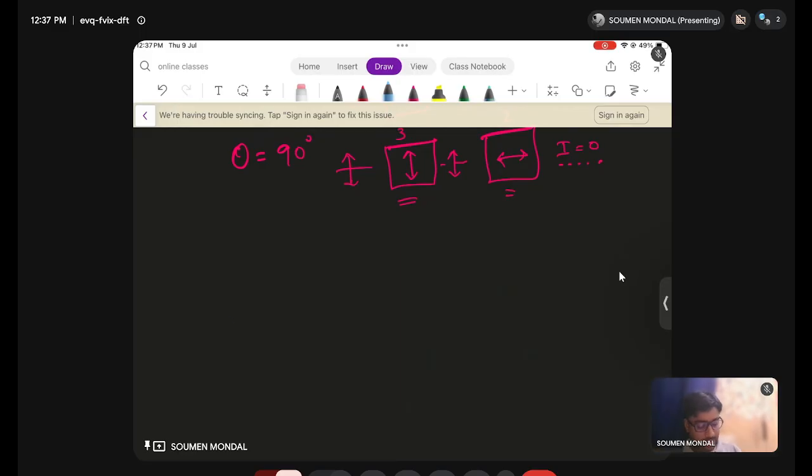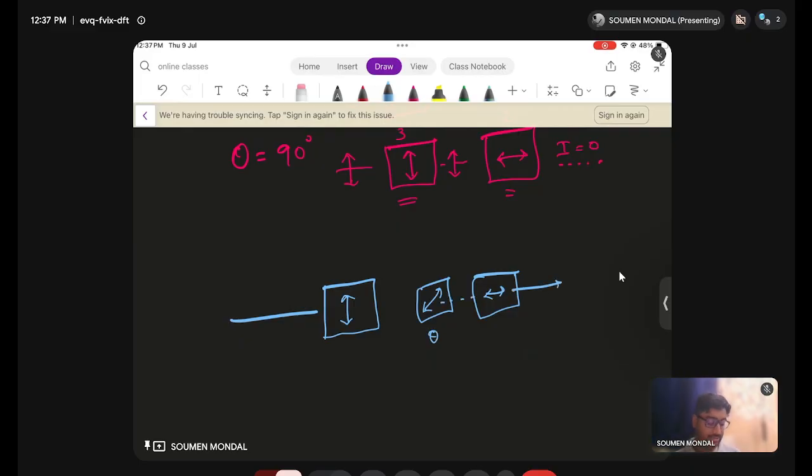Okay, it's not that hard anyway. So let's say the angle is given with respect to the last polarizer. So we know this angle is theta. Let us consider it like this.